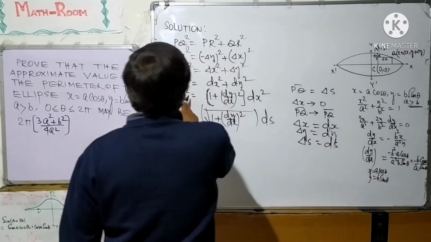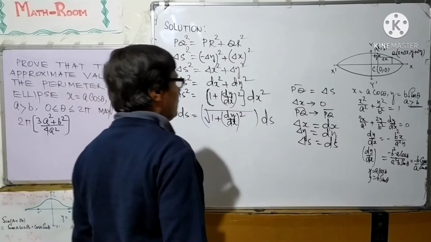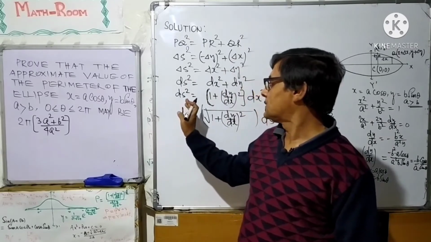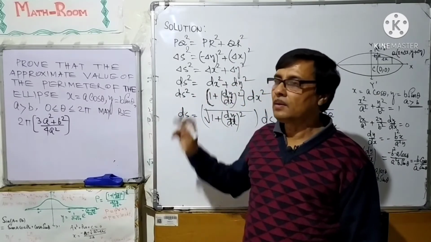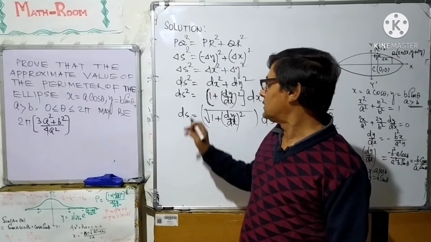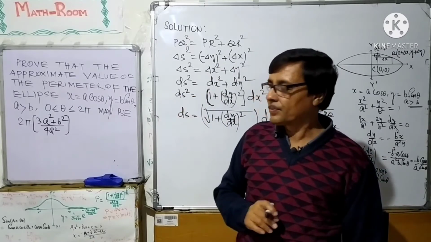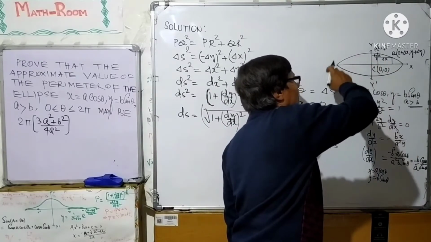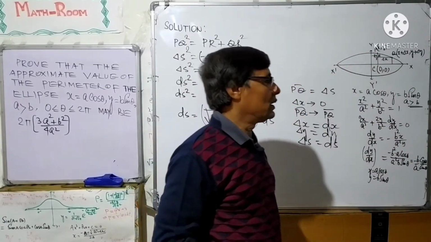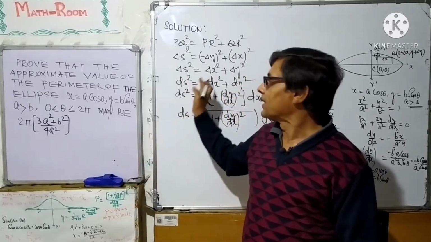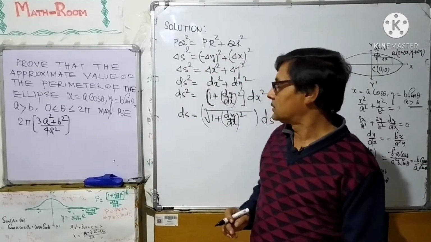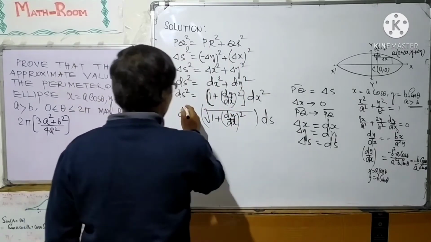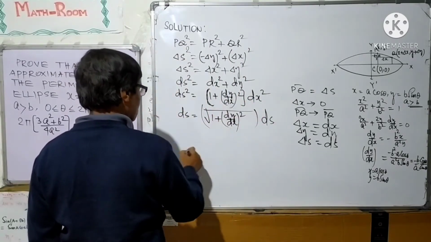If we take the summation over ds, that is, if we integrate ds throughout the curve of the ellipse, we can get the entire perimeter of the ellipse. So, to get the entire perimeter of the ellipse, we have to integrate ds.